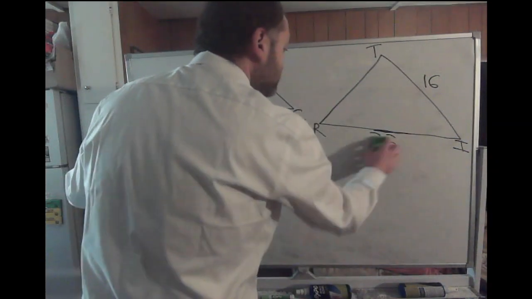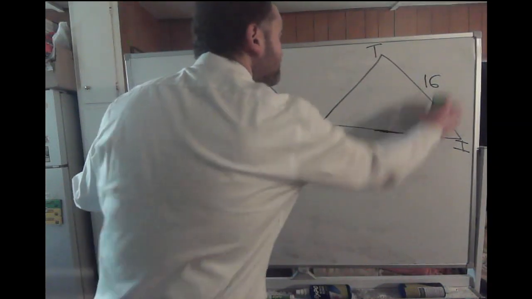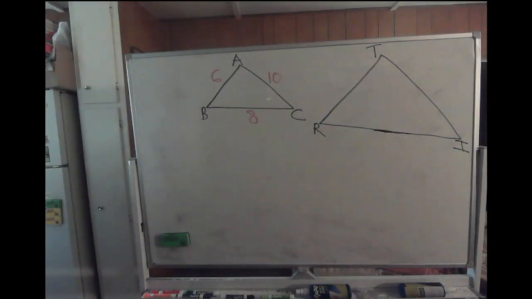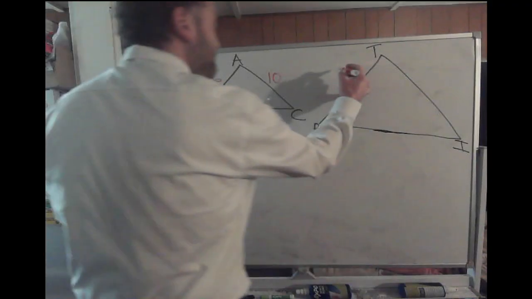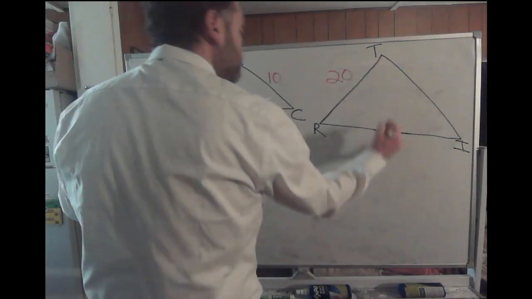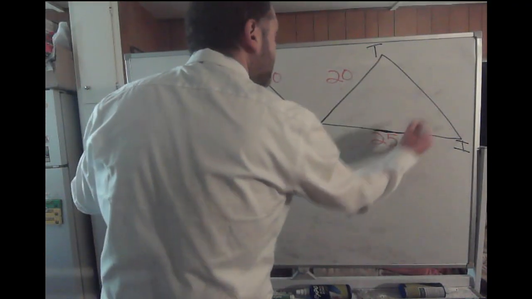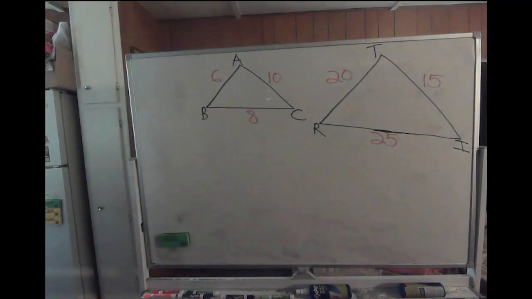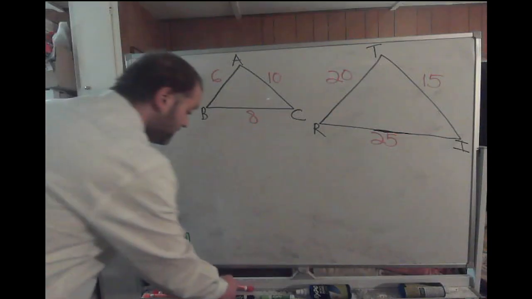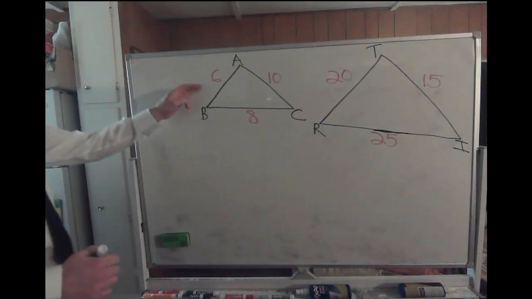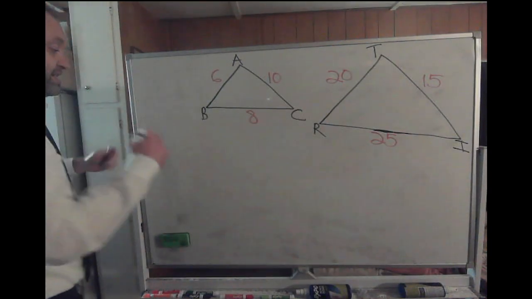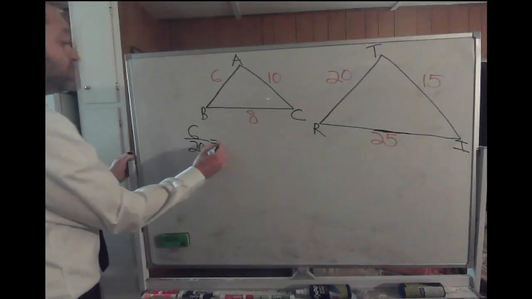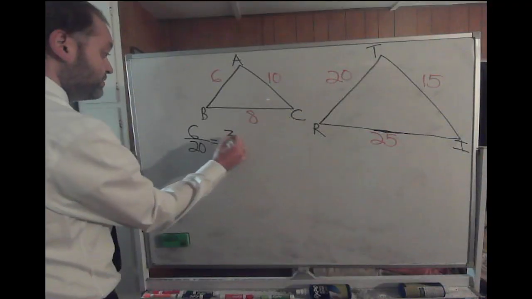All right, what's next? 2 more exercises. 20, 25, and then 15. Okay, so again, side AB would be in ratio to side TR. So take 6 to 20, which would reduce to 3 to 10.